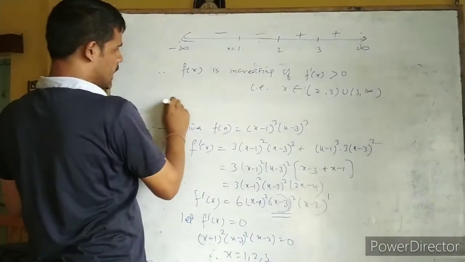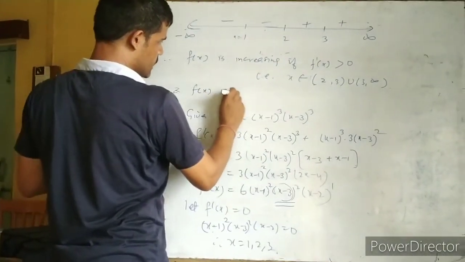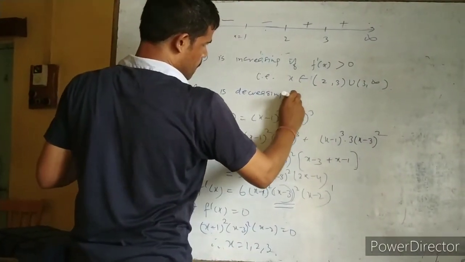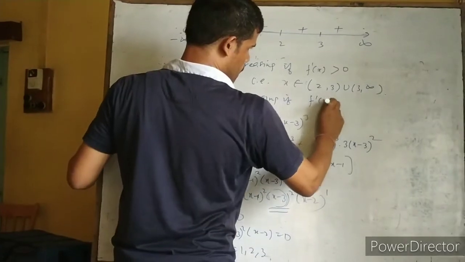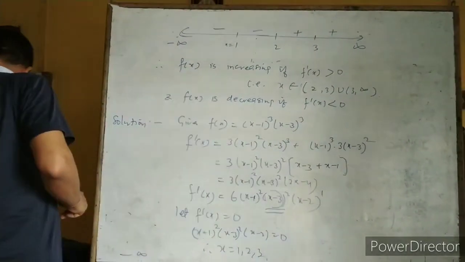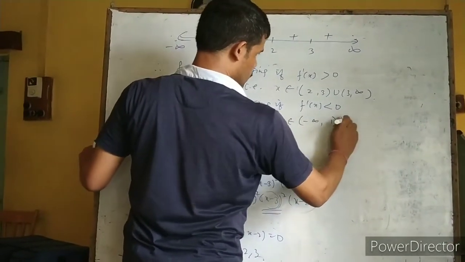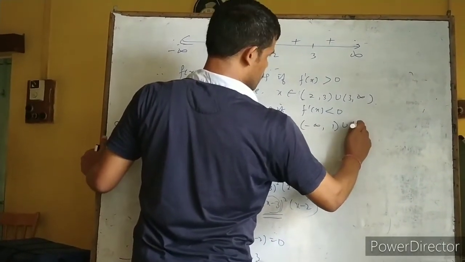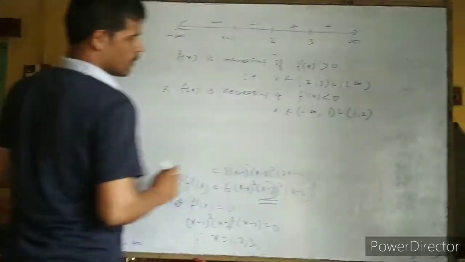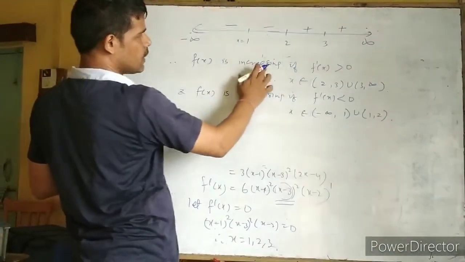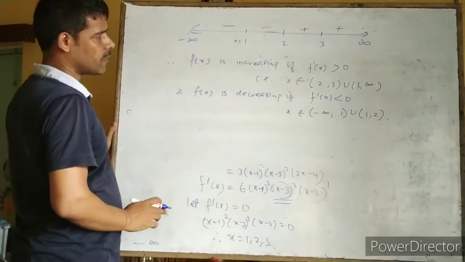Similarly, f of x is decreasing in the other interval, to minus 2, 1 union. So this is all about whether the function is decreasing or increasing in these intervals.